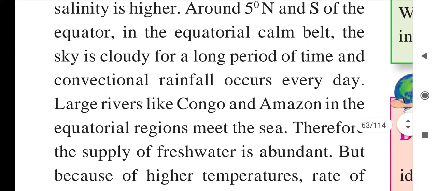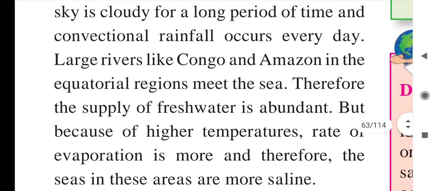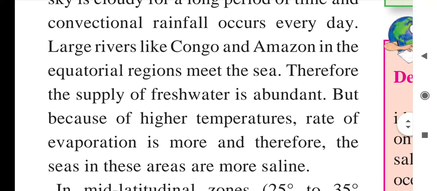Large rivers like the Congo and Amazon in equatorial regions meet the sea. Therefore, the supply of fresh water is abundant, but because of high temperature, the rate of evaporation is more, and therefore the seas in these areas are more saline.